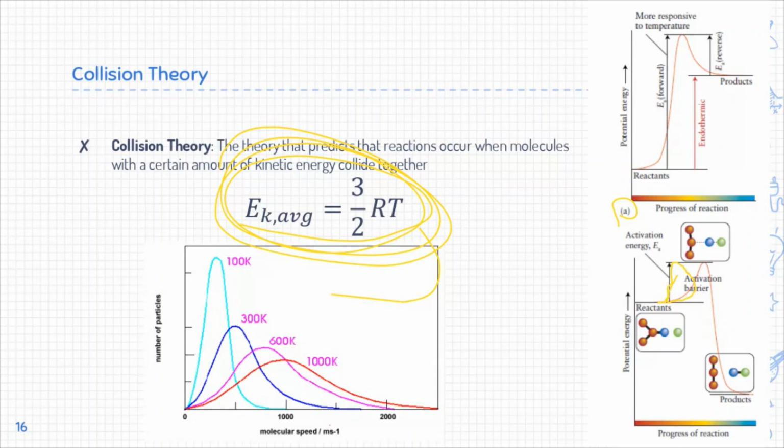But we see that the potential energy of the products is much, much lower than the potential energy of the reactants. So therefore, at the end of the reaction, all of the potential energy lost must be converted into kinetic energy because of conservation of energy, which basically means increased temperature. Does that make sense, Alice?